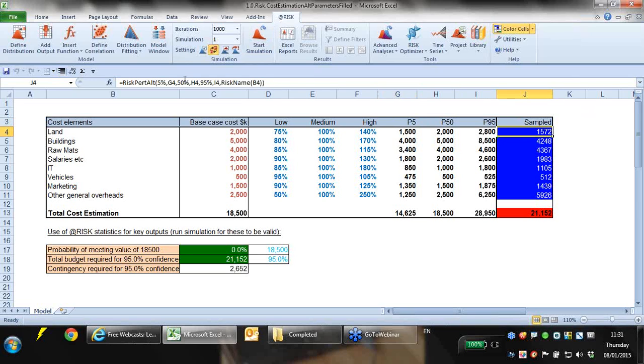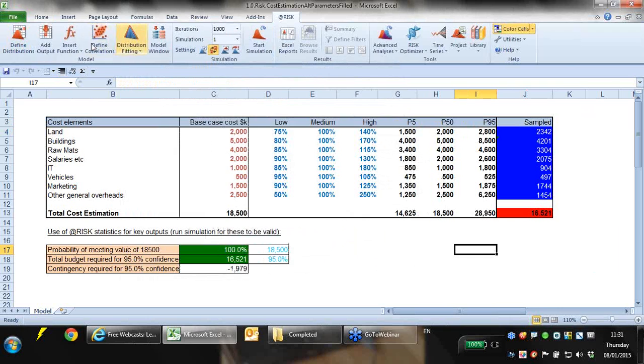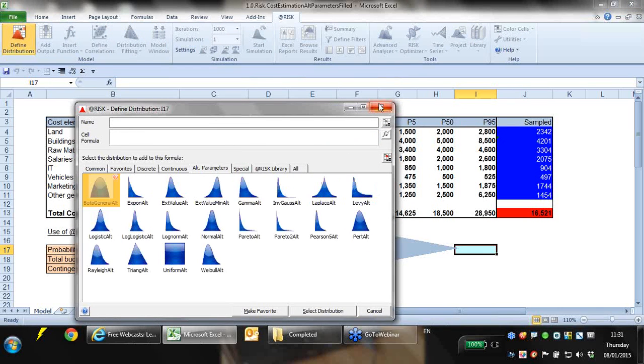In @RISK, if I show the distribution panel, you've got these alternate parameters distributions, which allow us to set up distributions using our P-values rather than the regular values.